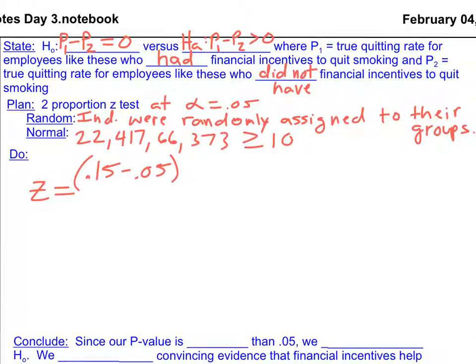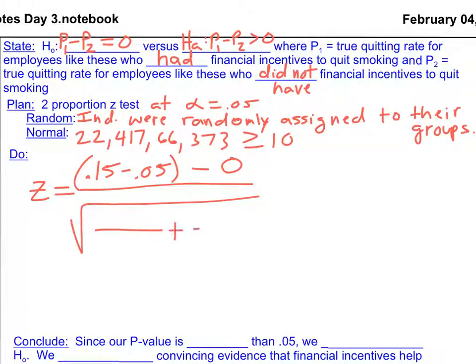So for the financial incentives group, 15% and 5%. N1 was 439, so was N2.